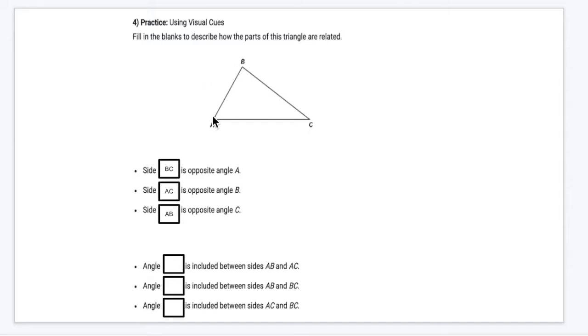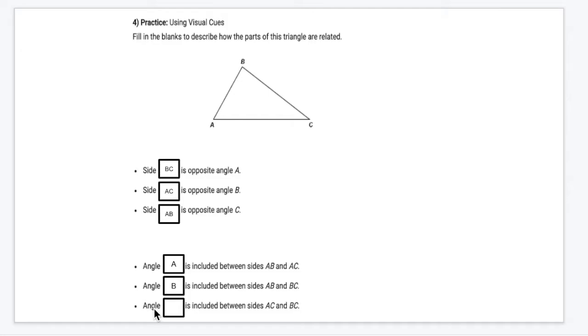And I see that AB and AC are intersecting at this angle A over here. So angle A is included between sides AB and AC. The second one says angle blank is included between sides AB and BC. So I have AB here, BC here, and I see that the angle at which those two sides are intersecting is at angle B.